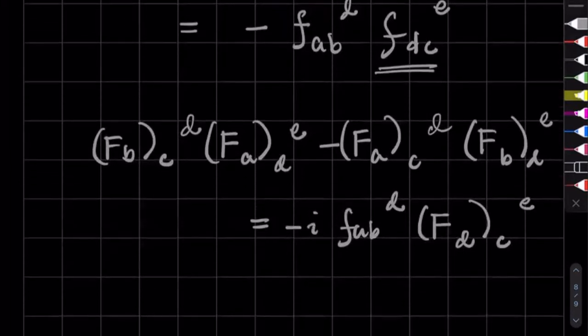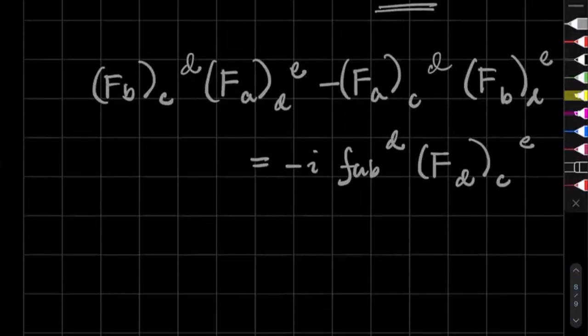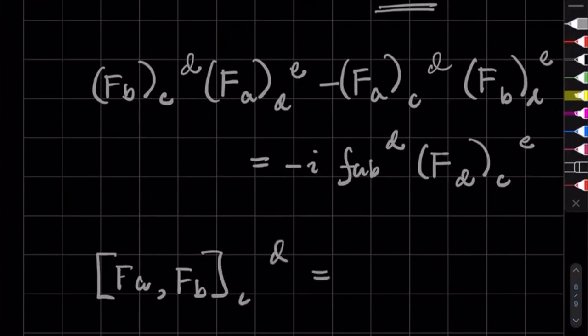And so if I multiply everything by a minus sign, I get the commutator of f_A and f_B, and we are taking its CD element, and here it's i f_ABE, and we get f_E here, its CD element.